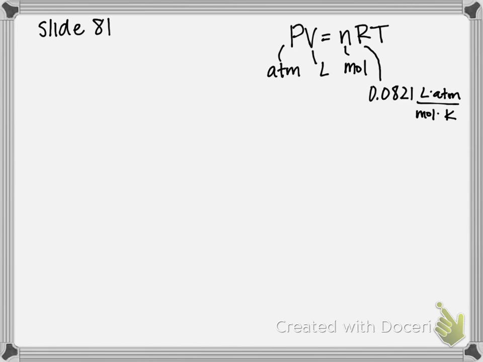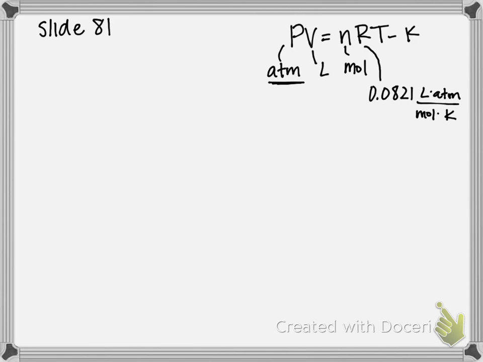Now that R value, like I said, can change depending on your pressure unit, but since they asked us to solve for atmospheres, we're going to be using 0.0821. And of course, temperature is T, and it needs to be in units of Kelvin.